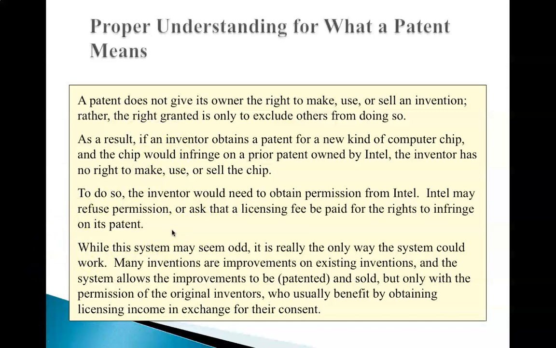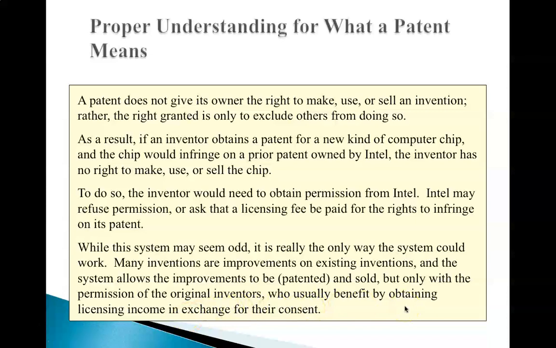And while the system may seem odd, it is really the only way the system could work, because many inventions are improvements on existing inventions. And the system allows the improvements to be patented and sold, but only with the permission of the original inventor, who will benefit by obtaining licensing income in exchange for their consent.